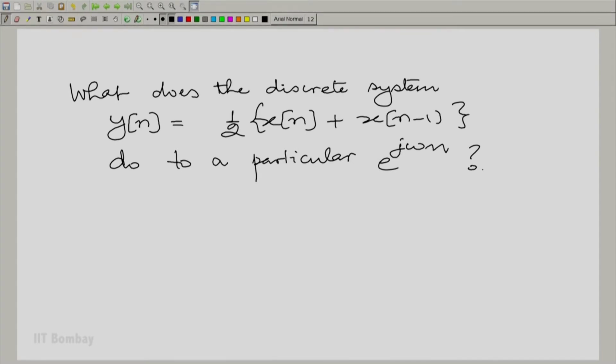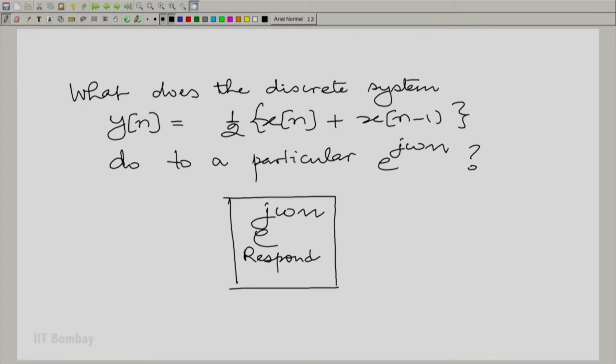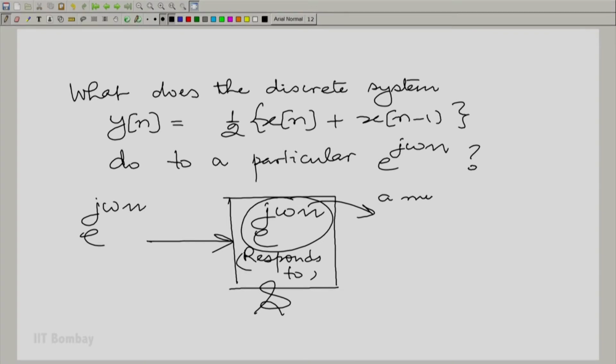Well, the answer is very simple. Just put e raised to the power j omega n in, and you know what to expect. After all, these are what are called the eigen sequences. They go in and come out. So, you would expect it to respond with a multiple of this. But let us actually calculate what that output would be.